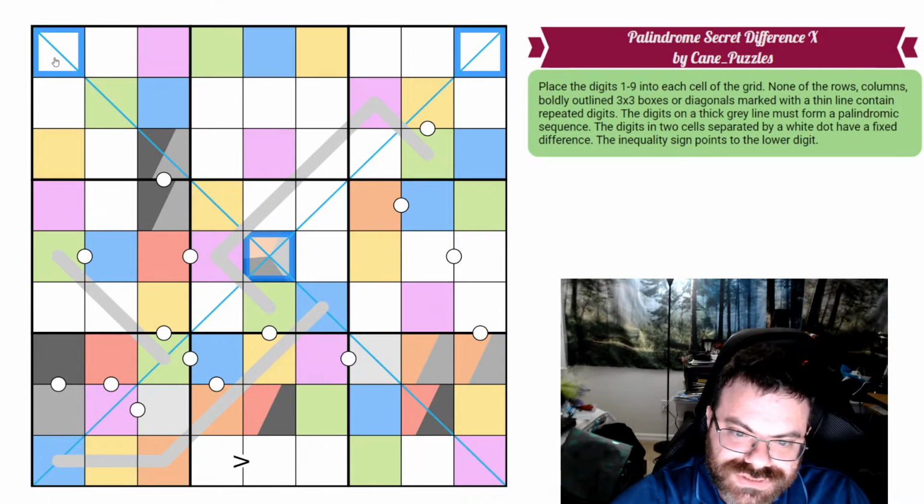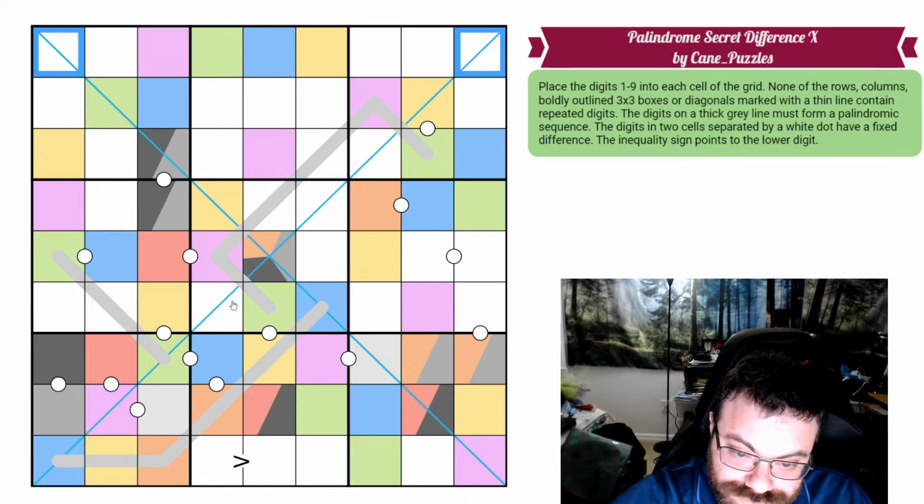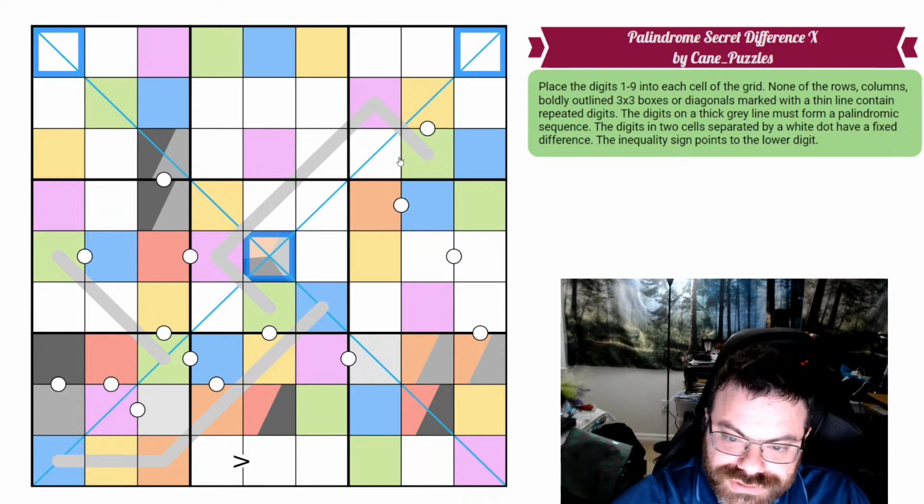And orange is in one of these two. Okay, so if orange isn't in the center, then I think it would have to be in both of these cells. Orange, so what are the open diagonal cells? Just these, right? This can't be orange, this can't be orange. Oops, that needs to be highlighted. This can't be orange. So I gotta make this one orange.